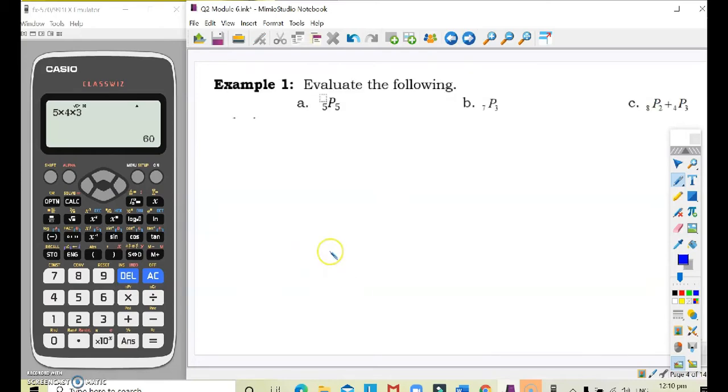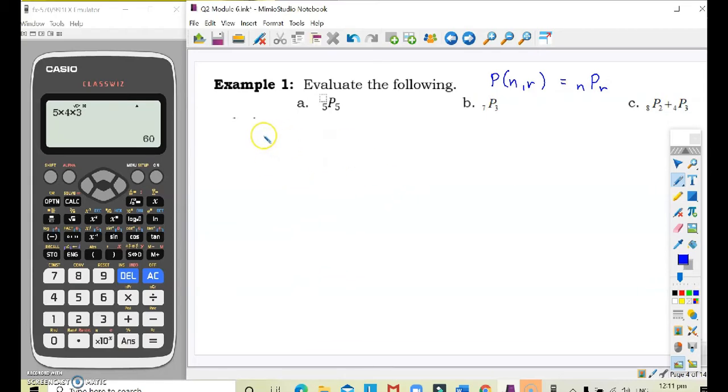So, how do we evaluate permutation? Basically, we apply the formula and we solve the resulting expression. So, let's do that. In this case, it's written in a different form. When we have permutation of N objects taken R at a time, this can also be written, if you look at other books, in this format, which is how the givens are written in the items below.